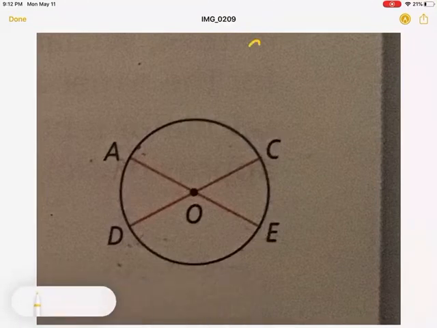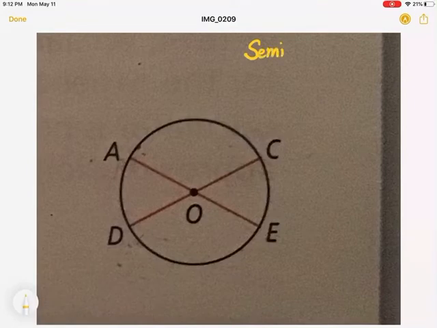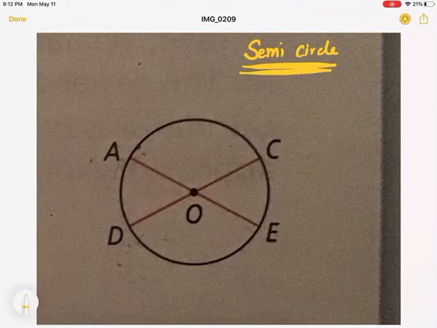Let's start off with semicircle. When I say semicircle, I'm looking at three letters, where you can have half of the circle on the circumference. So first example, if I start from this endpoint and go all the way to this point D, that makes half of the circle. That would be my semicircle arc.